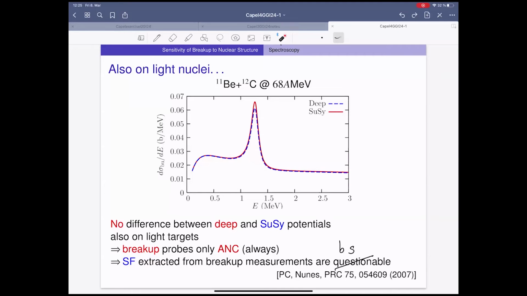The comment of Hans Feldmeier, a few months ago, was that just one excited state of the core will not help you. You need to include a huge amount of information. So that's a question. We can wonder what's going on and what needs to be included.